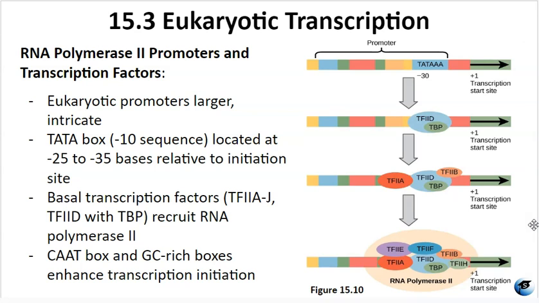Listen, you don't need to know all of these, but just know that there are several of them, and they all have very specific binding sites and specific roles in helping the RNA polymerase II initiate transcription. And know that it's much more complex to initiate transcription in eukaryotes than it is in prokaryotes.